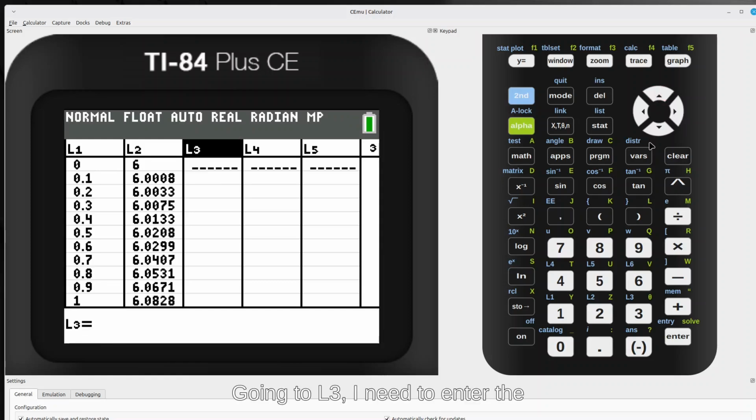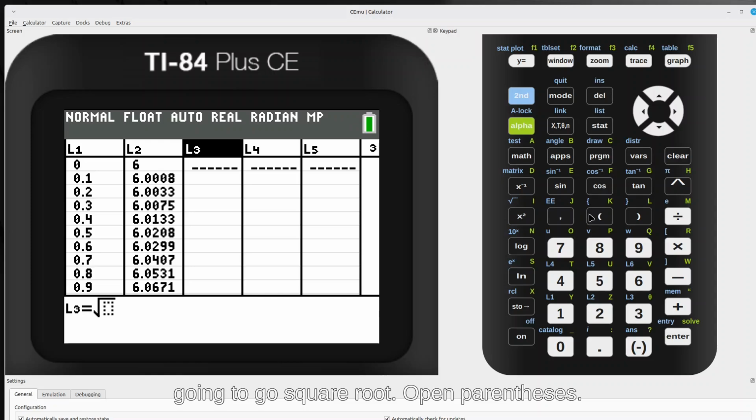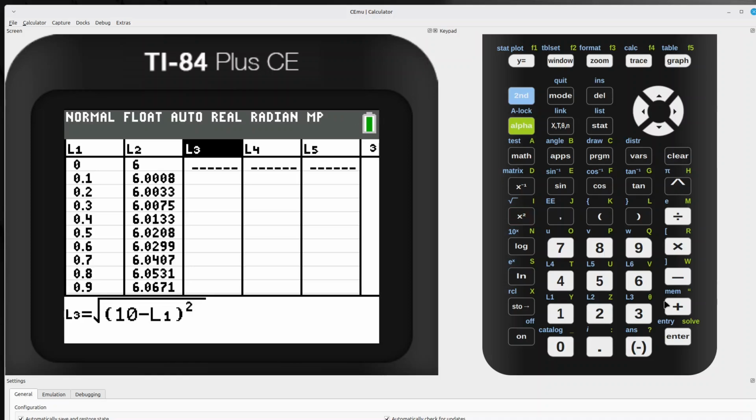Going to L3, I need to enter the hypotenuse for the second triangle, so I'm going to go square root, open parentheses. It was 10 minus x, so we're going to use L1 for x, squared plus 8 squared.